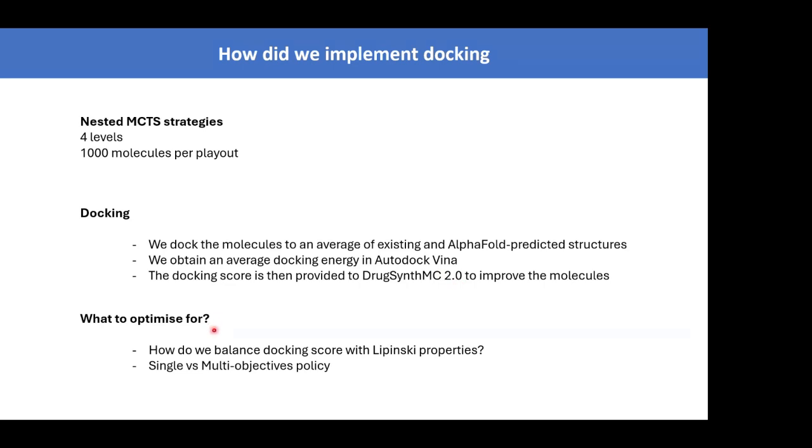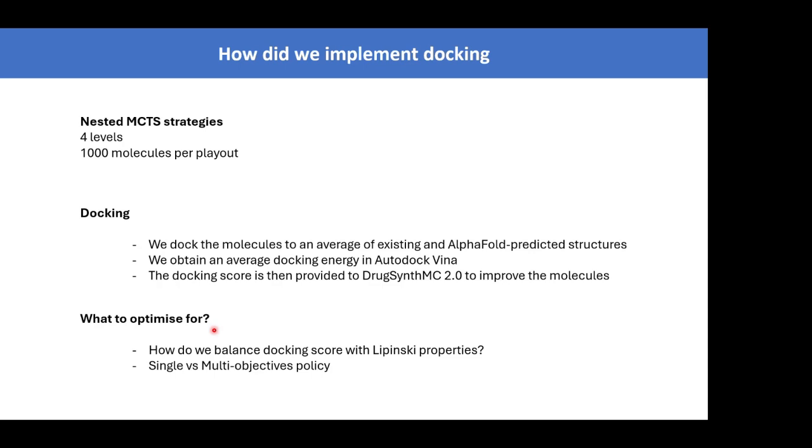And what we needed to optimize in the learning process is how much weight do we give to the docking score versus Lipinski. Before, we only had a single policy, which is, do the compounds look like drug molecules according to Lipinski's rule? But now we have an additional question: how good is the binding affinity?